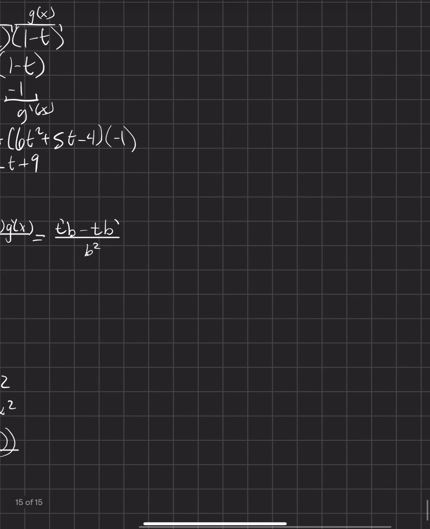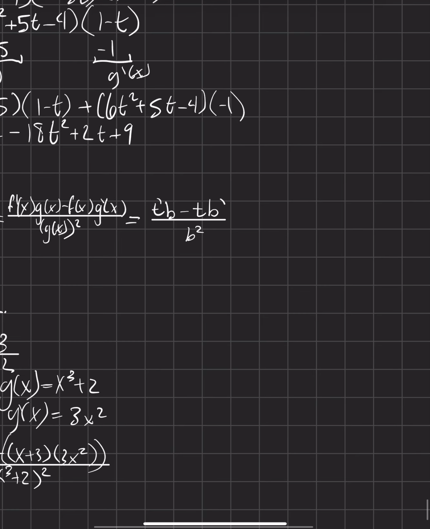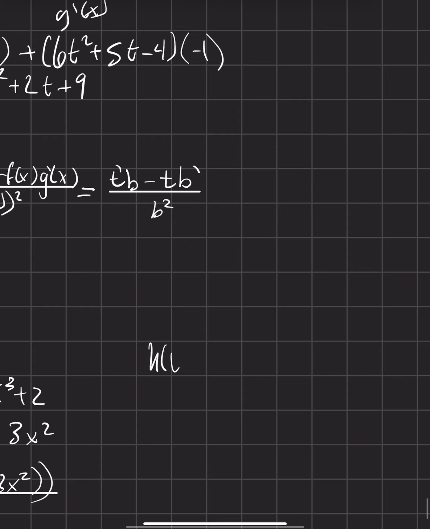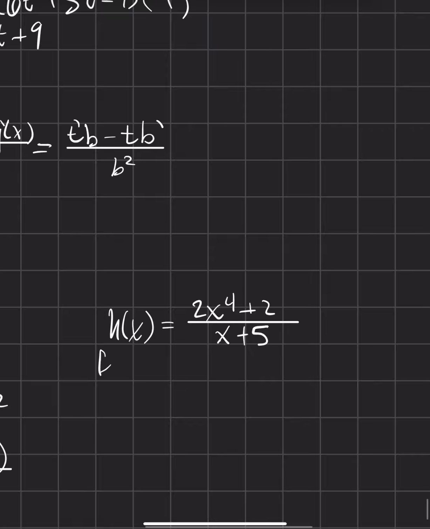And so for another example like that, let's say we have another function, h of x, and this is going to be equal to 2x to the fourth plus 2 over x plus 5. A set of more arbitrary values here.